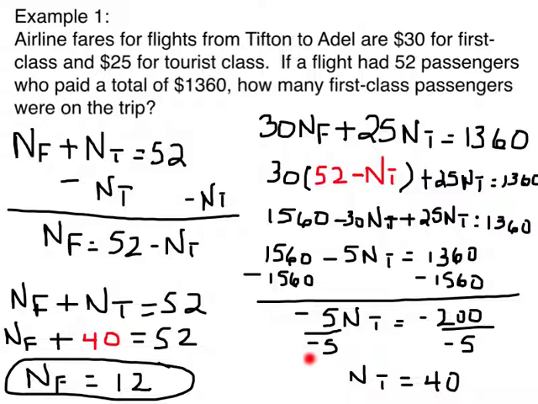Divide both sides by negative 5, and I will find that the number of tourists were 40. Now, if the number of first class plus the number of tourists were 52, and I now know there were 40 tourists, then I can solve for how many first class, and that would be 12.